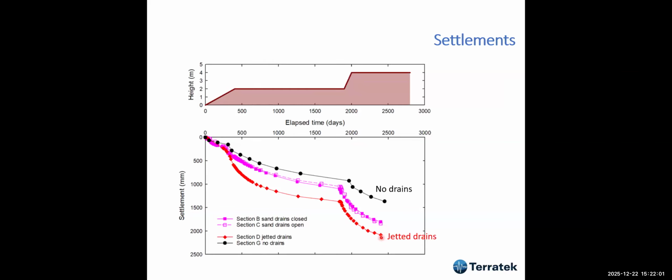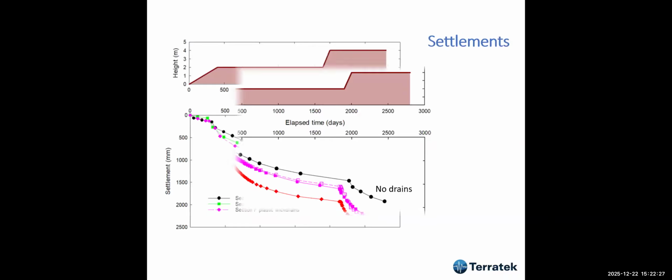What we found is that the jetted drains gave the largest settlement. And why? Because it disturbed the soil. This kind of method is not used anymore because we found it disturbed the soil. The sand drains were more or less with no big difference between them. So the sand drains were not that bad, but the cost is higher.